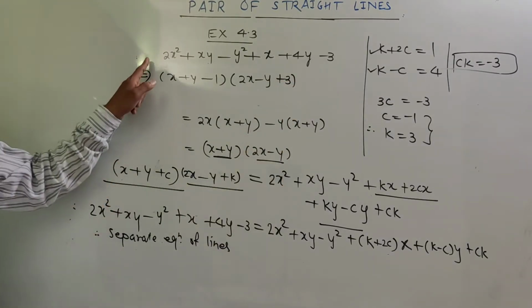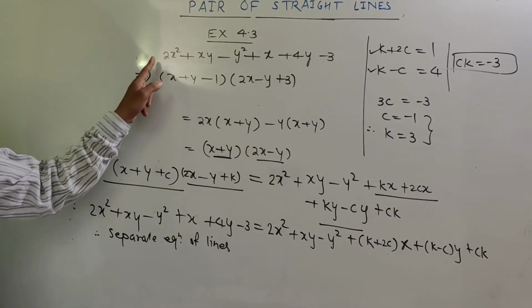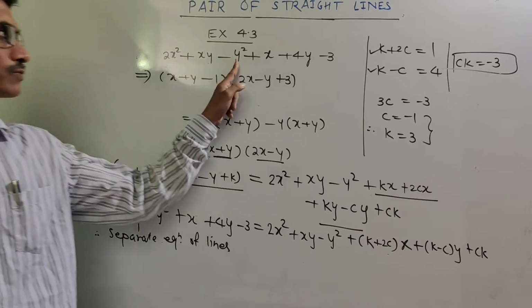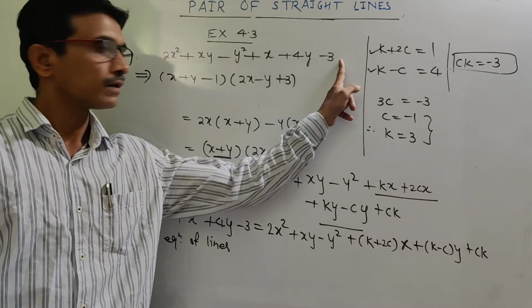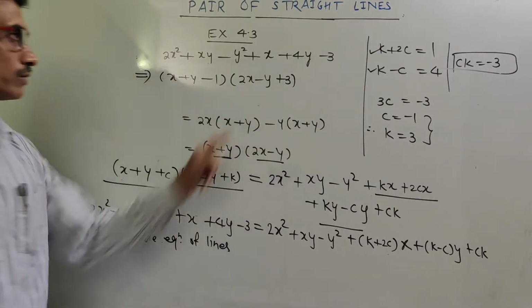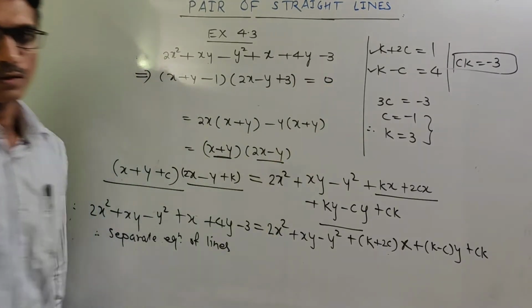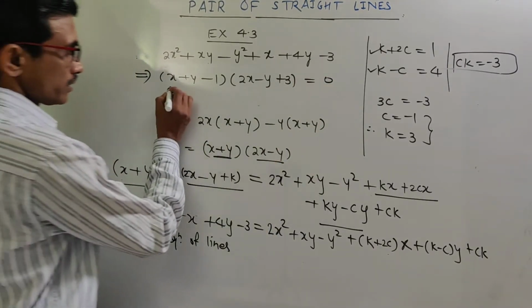So this general second degree equation, 2x square plus xy minus y square plus x plus 4y minus 3, is equal to this, and it is equal to 0.